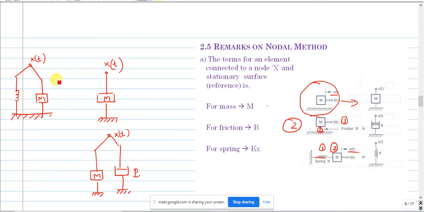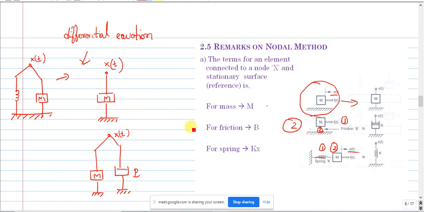Okay, I will let you know the purpose of this equivalent system: if you want to write a differential equation, this system will be helpful. This is the purpose of the equivalent system.